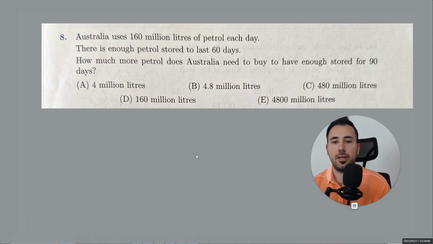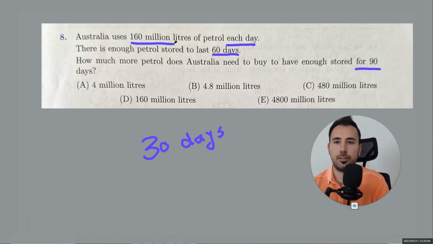Okay. So they have enough for 60. They want 90 days' worth. So they need to buy for 30 days more. Okay, so 30 days extra they require. For 1 day, they need 160 million. So we just need to multiply 160 million by 30.